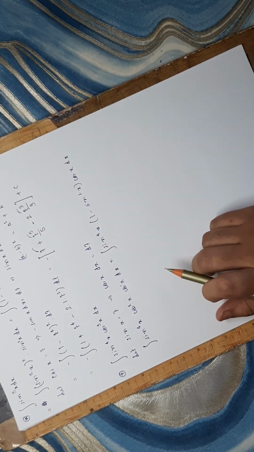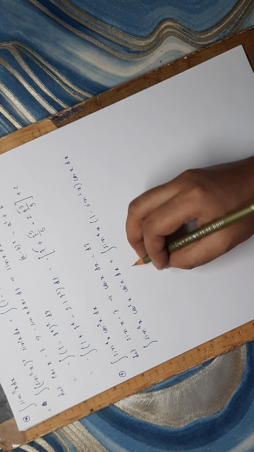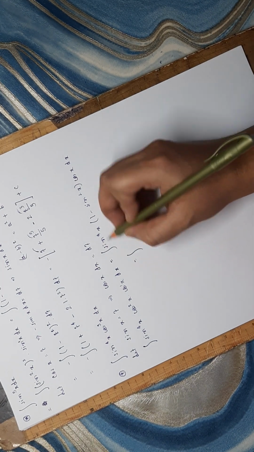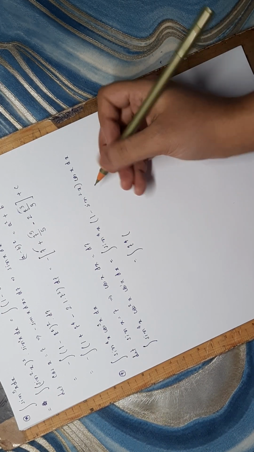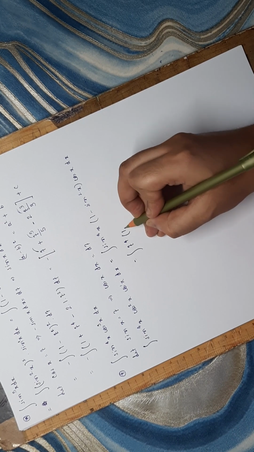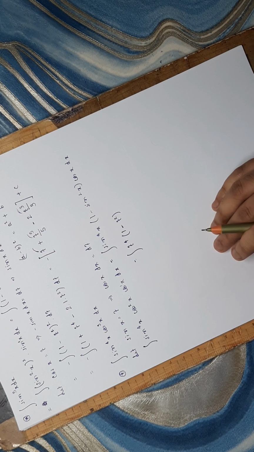So now you can understand this is nothing but a very pure form of substitution, because you can simply write this sine to the power 4x as t to the power 4, right? 1 minus sine to the power 2x, you can write it as t square, right?